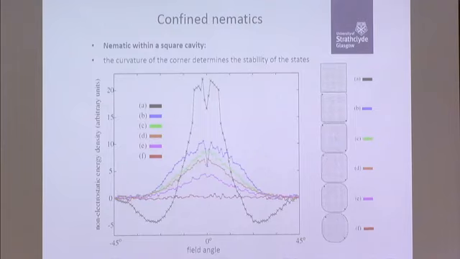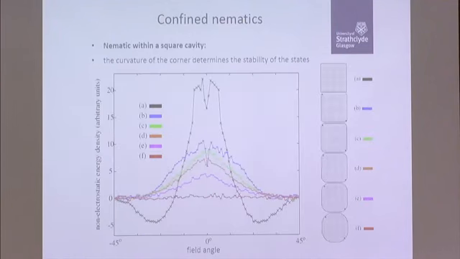There's some other interest here. These minima here are actually because of the electric field. The electric field causes these minima when I'm not aligned along the diagonals. And the other interesting thing is I also found a minimum at 0 field angle. That's not at the diagonals, but where the director is roughly parallel to one of the sides.